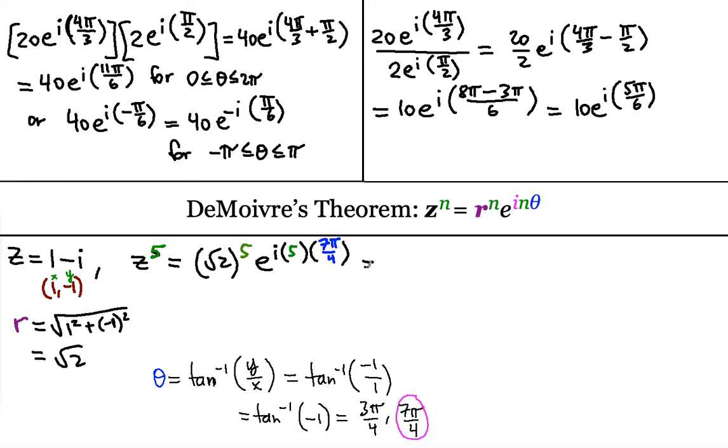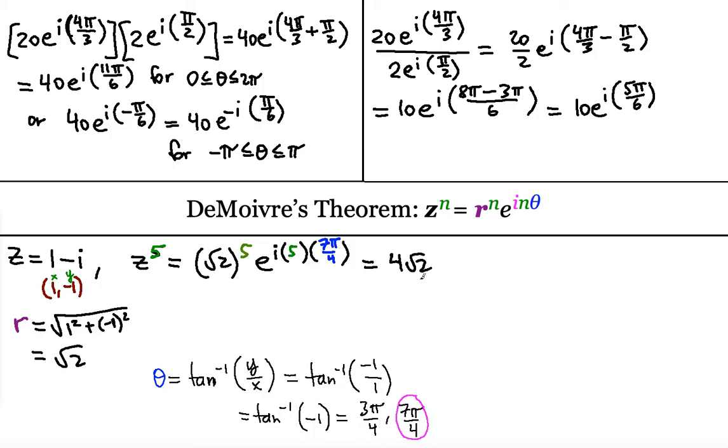So now we have to simplify this so that it's going to be a simplified polar format. So radical 2 raised to the 5th power. If you raise it to the 4th power, you will get 2 times 2, right, which is 4. And there's one more radical 2 which accounts for the 5th radical 2, right?